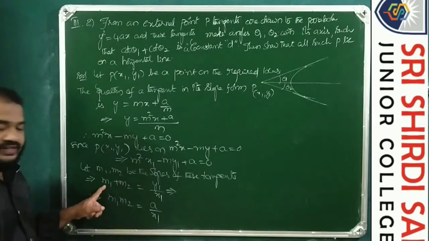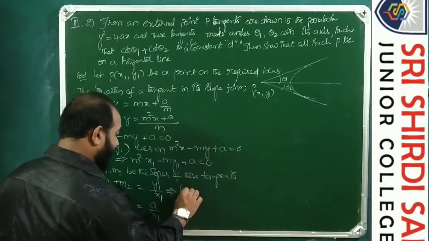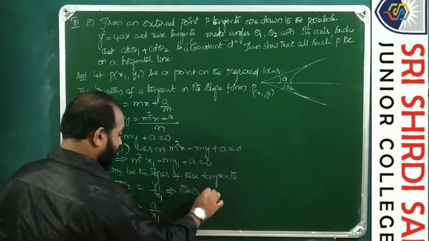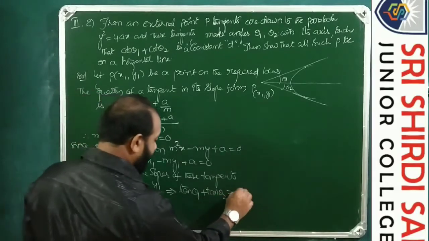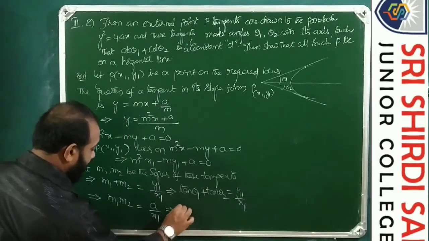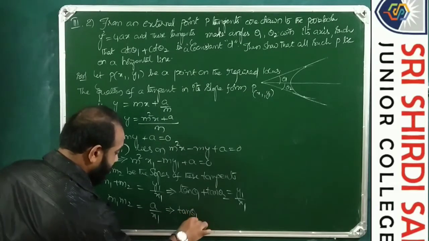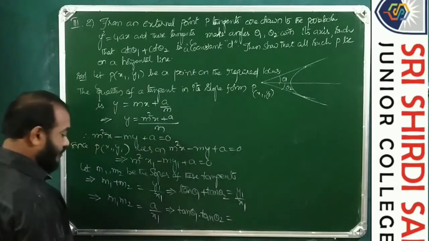So here m1 is nothing but slope, which is tan of inclination, so tan theta 1 plus tan theta 2 is equals to y1 by x1, and tan theta 1 into tan theta 2 is equals to a by x1.